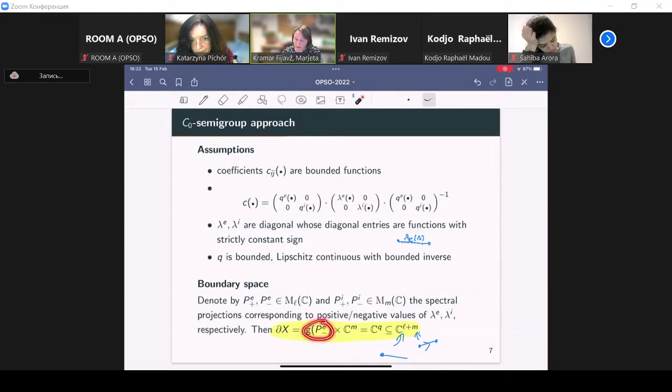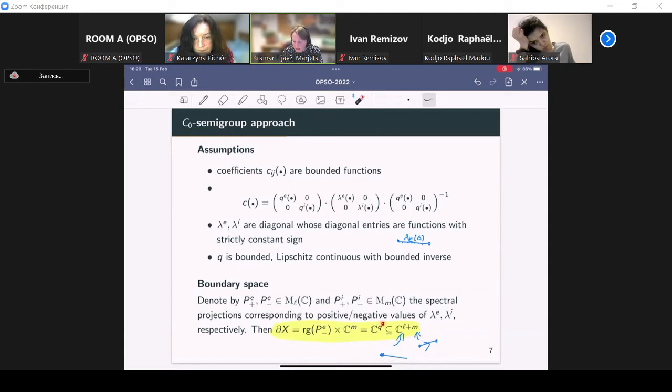So this is this. Altogether, the number of boundary conditions you need is exactly m plus the rank of this matrix, those negative values of lambda. So this is now our boundary space.